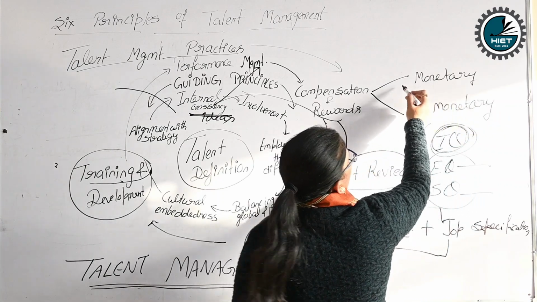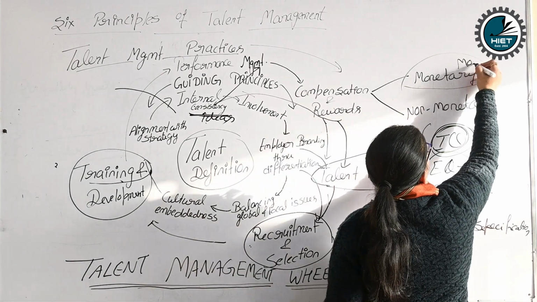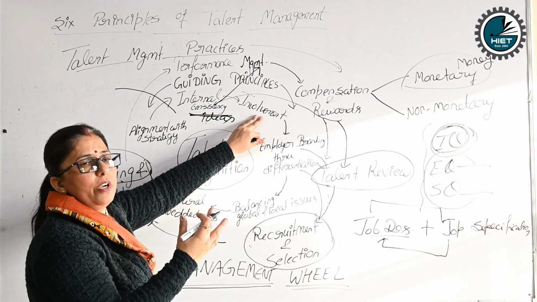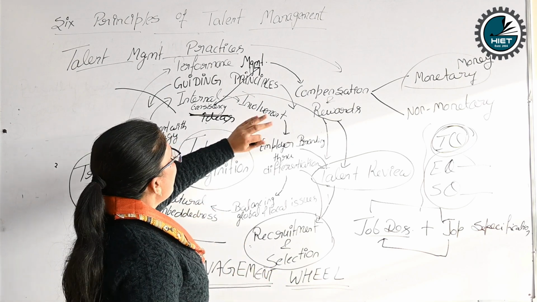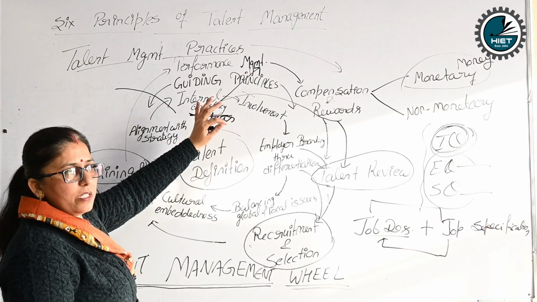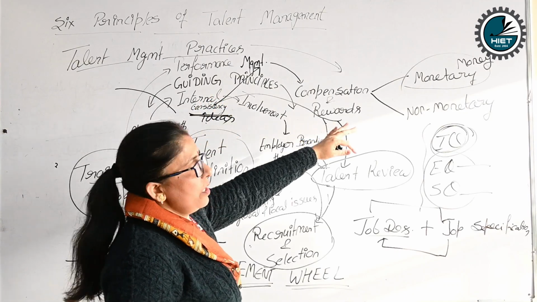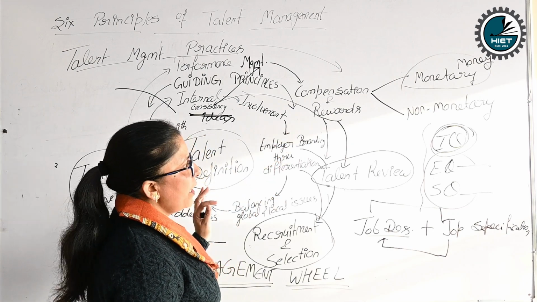Monetary, we all understand, relates to money. So just to increase the monetary awards of an employee, there are some policies of any organization about how they will get their compensation, the maximum compensation they can get from the organization.